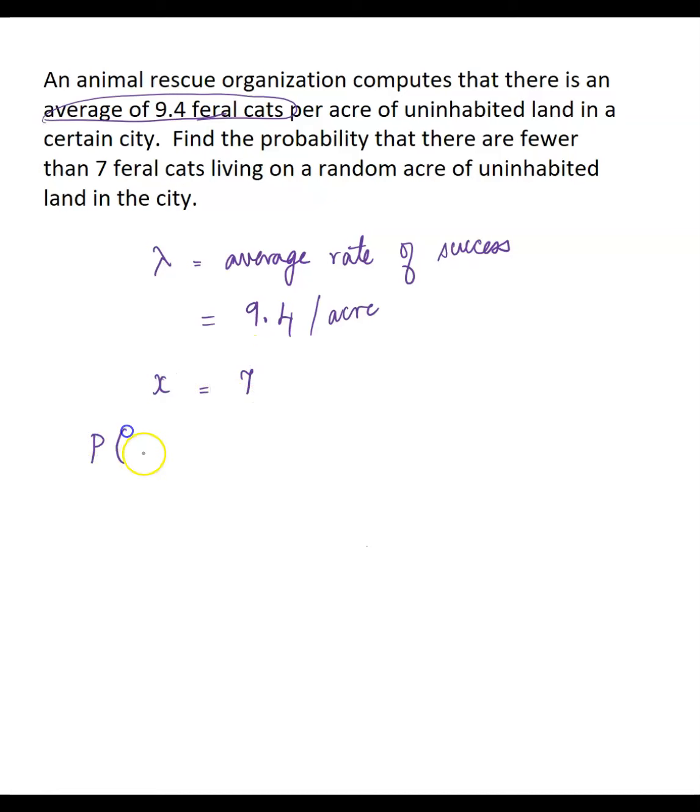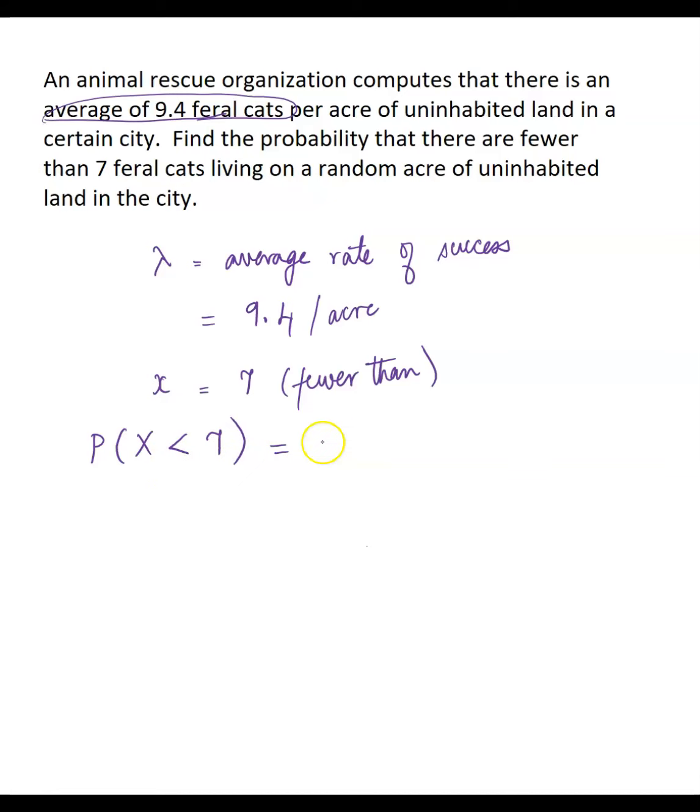But we're asked to find the probability that there are fewer than 7, so less than 7. So clearly we cannot use Poisson Pdf because that will mean exactly, but we need fewer than. And so I have the option of Cdf, which is the cumulative function, but Cdf would give me less than or equal to.